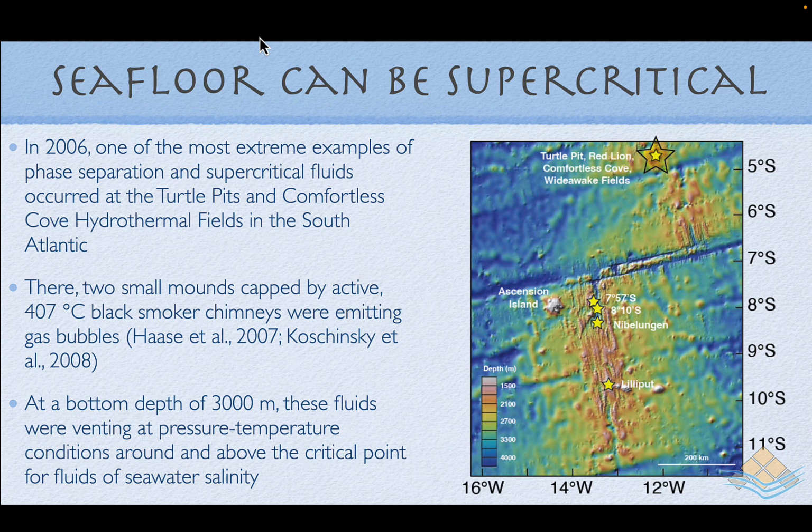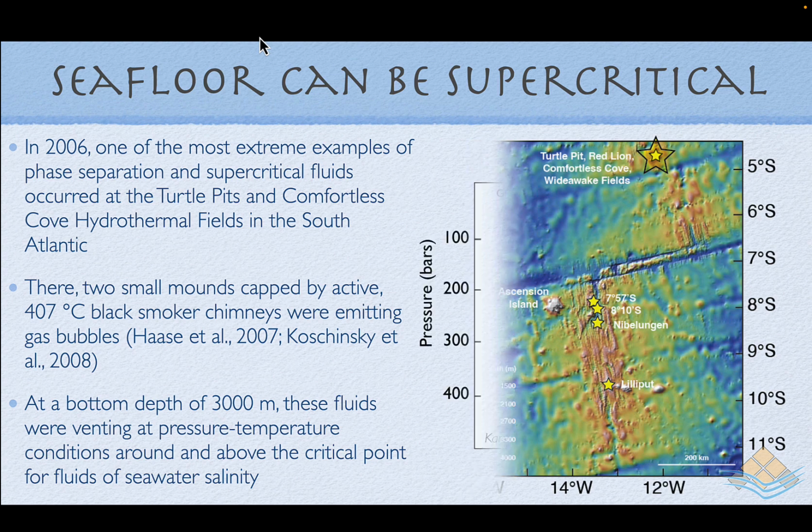But what was interesting in the region of the Comfortless Cove and the Turtle Pits was that in the early 2000s, a couple of these mounds were capped by chimneys that were emitting gas bubbles. And the temperatures measured in those bubbles showed that this was a supercritical phase seawater. In other words, at a bottom depth of around 3,000 meters in this area, these fluids were venting at temperature and pressure conditions around and above the critical point of seawater.